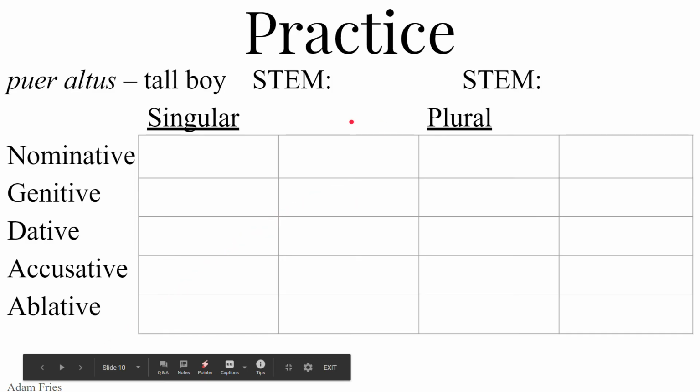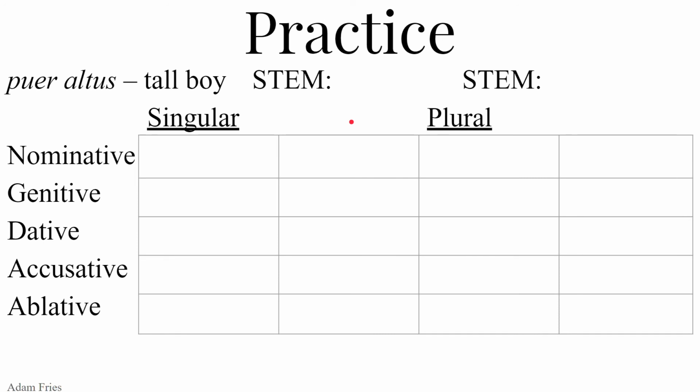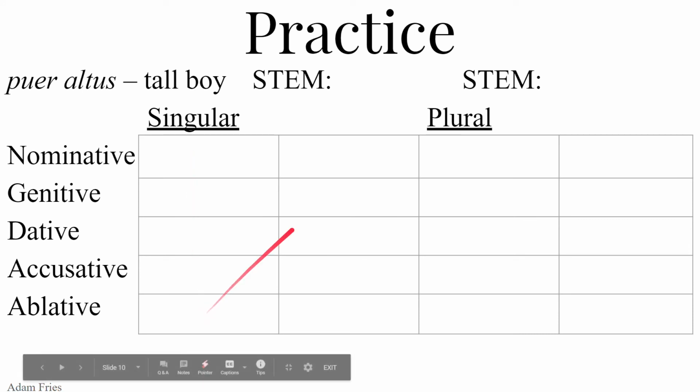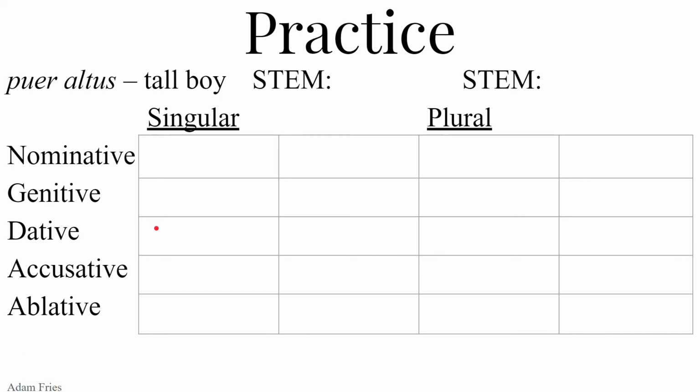Let's do some practice. Let's decline the noun adjective pair puer altus, a tall boy. Start, if it's easier for you, by declining the noun first, because by now you should be good at declining nouns. You should be able to decline puer pretty easily. Then add the adjective, then decline altus on its own.